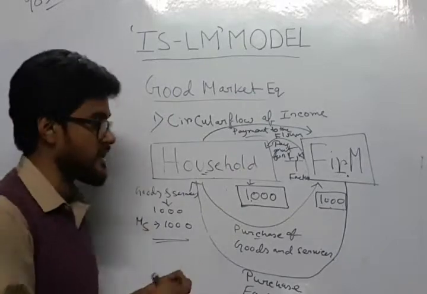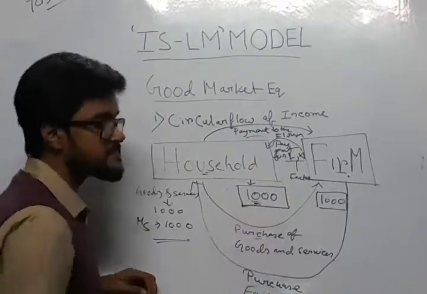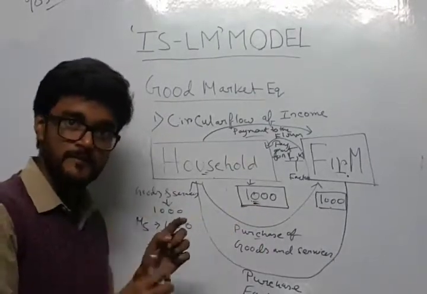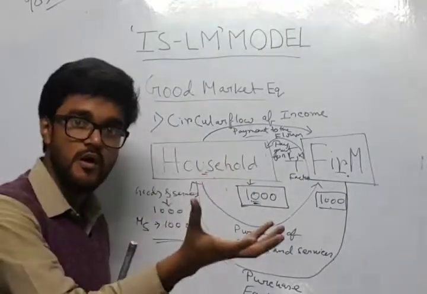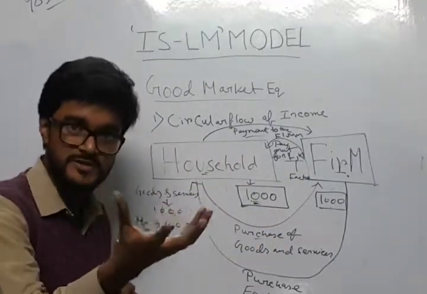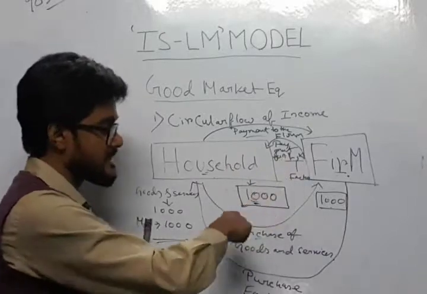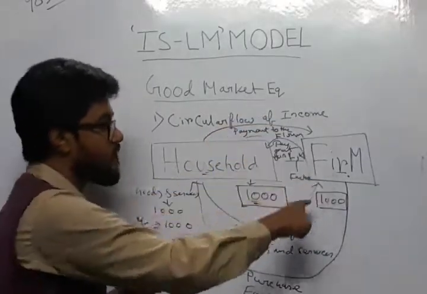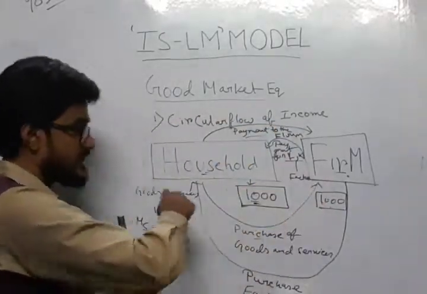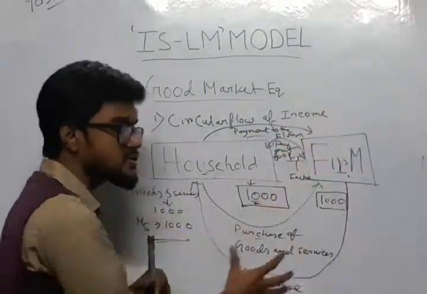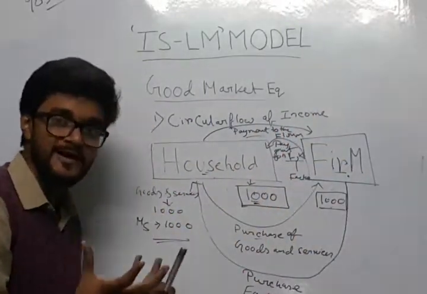So in this way, this 1,000 rupees which is produced in the economy, which is equivalent to the worth of goods and services produced by the firm, can flow in a circle this way. This is called circular flow of income.